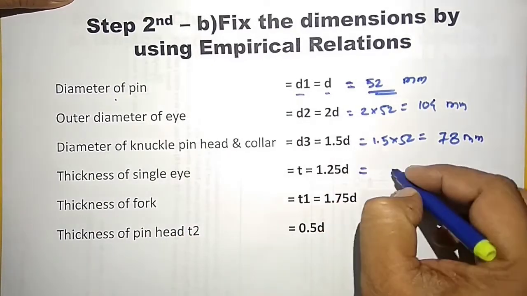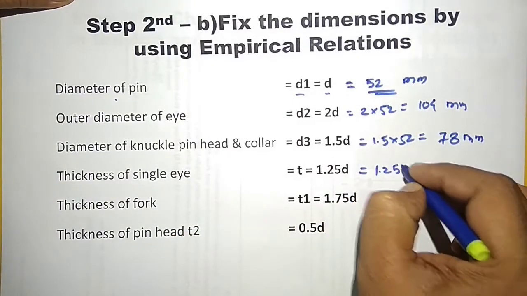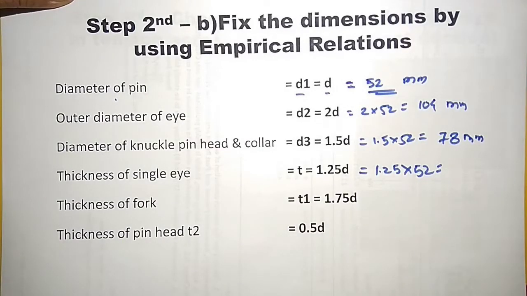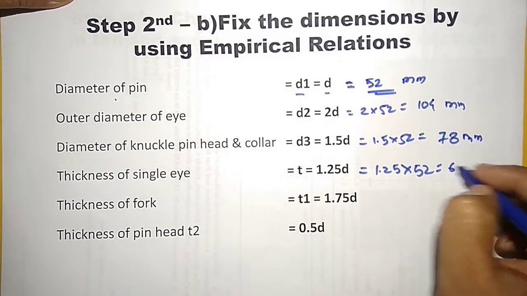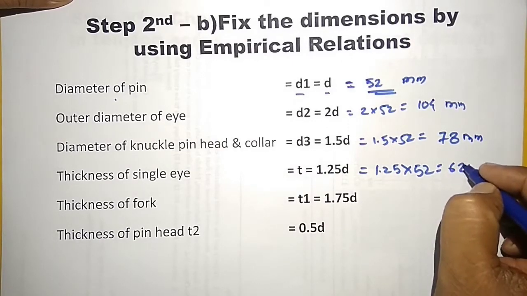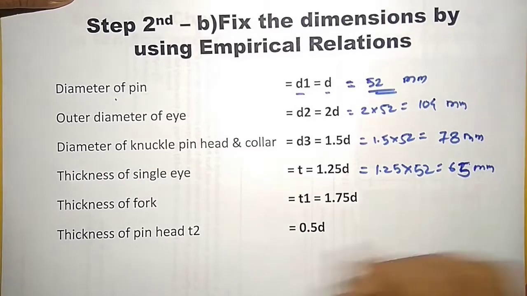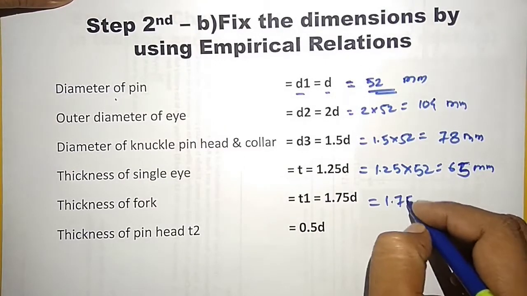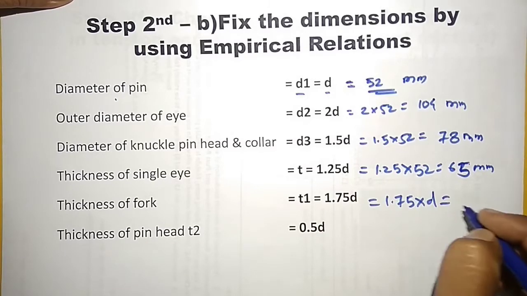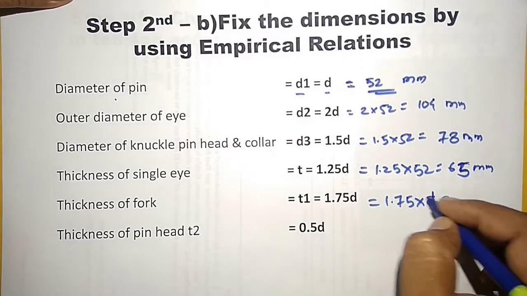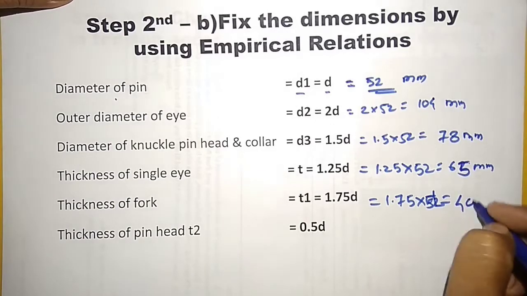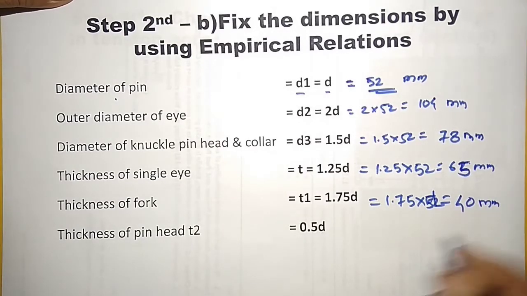Thickness of single eye is 1.25 times the diameter of rod, which is 65 mm. Thickness of fork is 0.75 times d, d means 52, which is 40 mm.